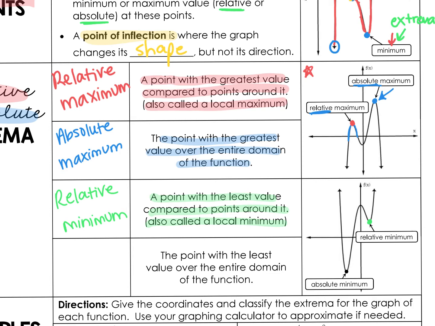However, compared to the points that are around it, that are close to it, it is a low point on the graph. So we call it a relative minimum. And then finally, the point with the least value over the entire domain of the function, so over an entire graph, the lowest point is what we call the absolute minimum.